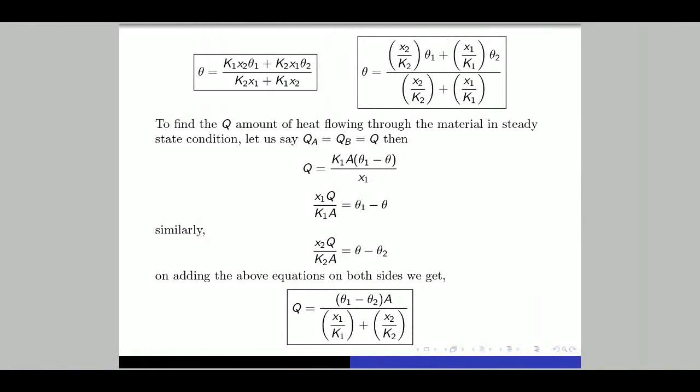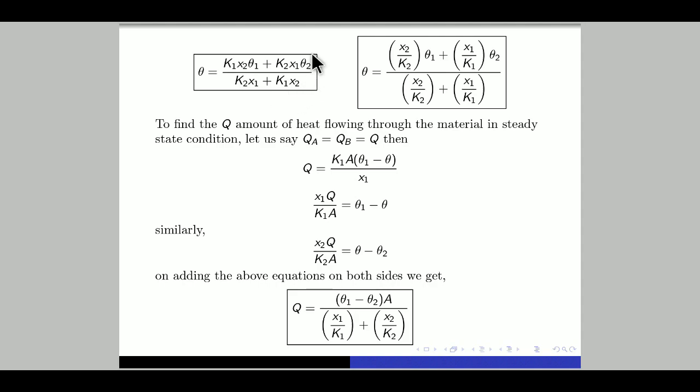What we need is the expression for theta, so we can write theta is equal to (K1 x2 theta 1 plus K2 x1 theta 2) divided by (K2 x1 plus K1 x2).